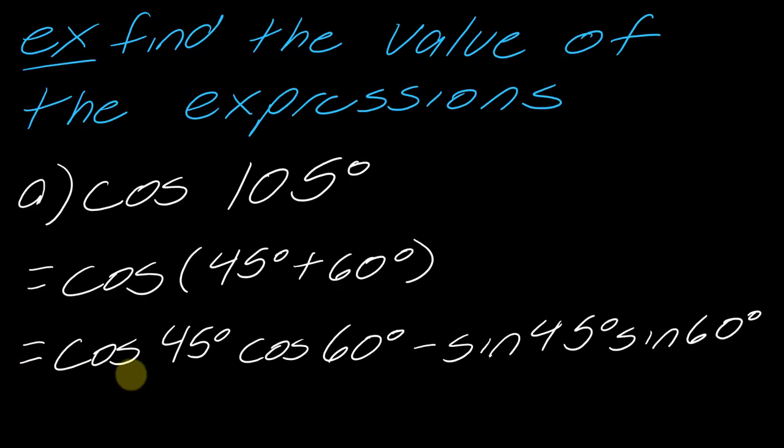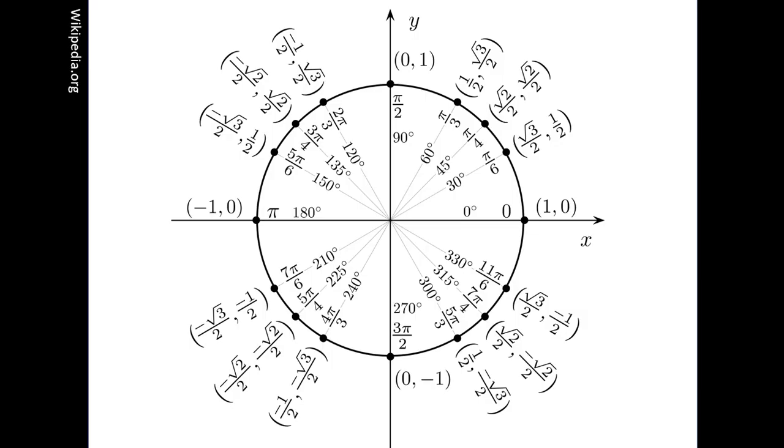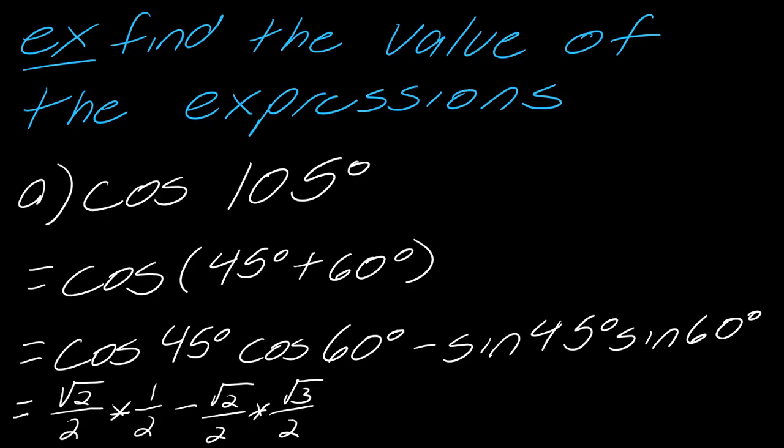These are all values we should know, because if you look on the unit circle, you can just read off 45 degrees and 60 degrees. Then I can plug them straight in like this and sort out the algebra.